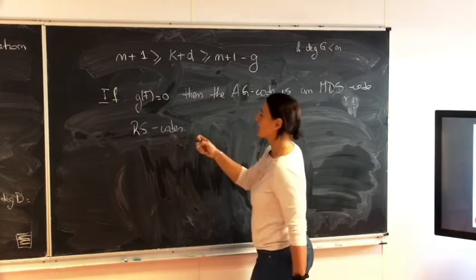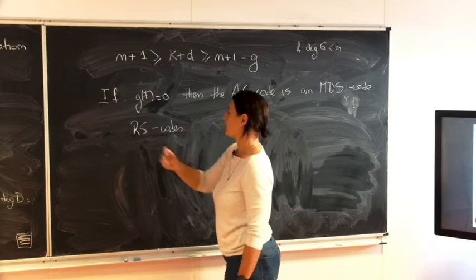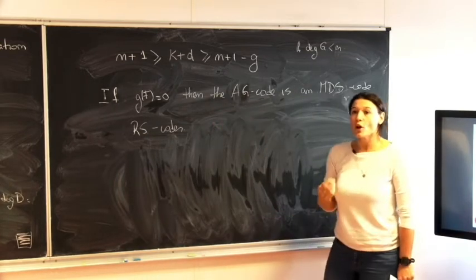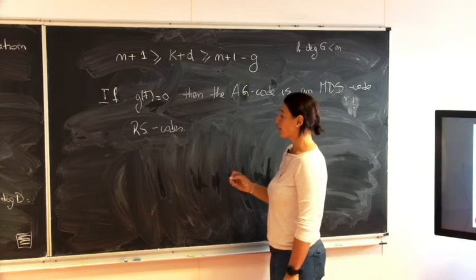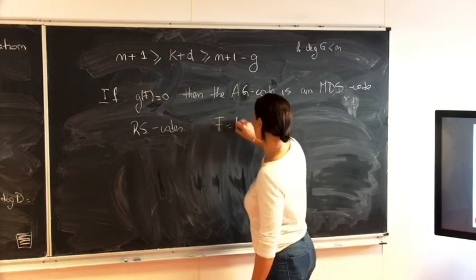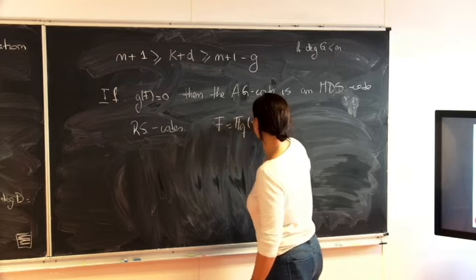And of course, we can recover this situation of Reed-Solomon codes using, for example, the rational function field, the example that we were working.